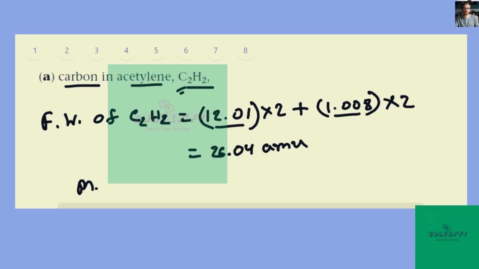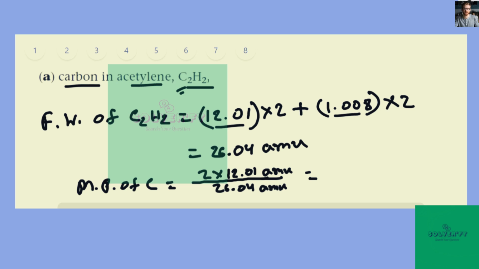If we write it in short terms as mass percentage of carbon, it will be simply the number of carbon present, 2, times the atomic weight of carbon, which is 12.01, over the formula weight of the compound, which is 26.04, and it will give us a value of 92.25%, and this is the percentage of carbon present in acetylene C2H2.